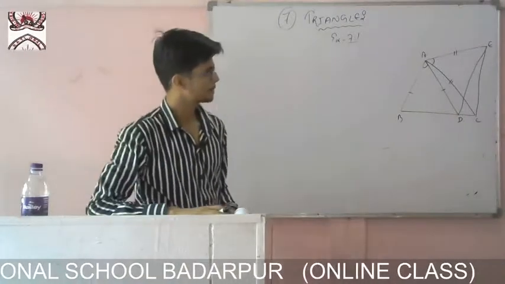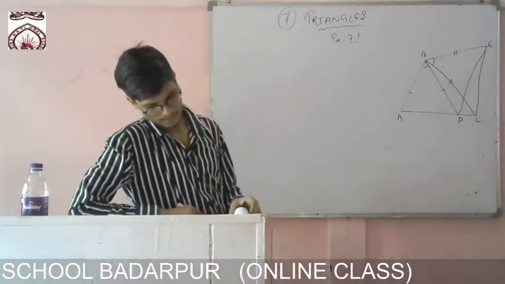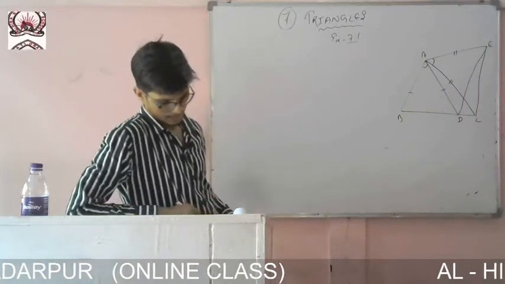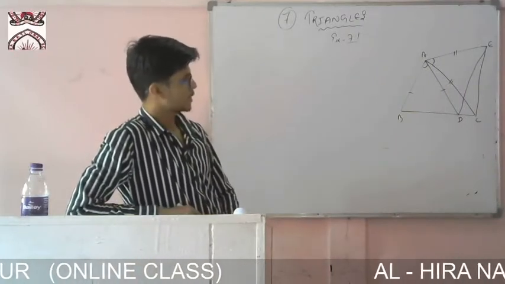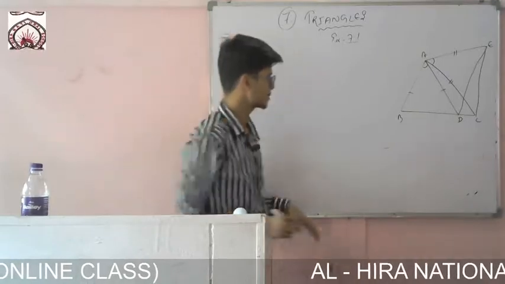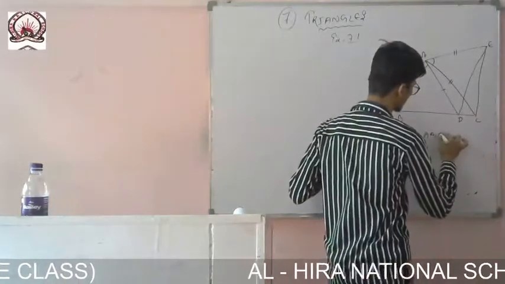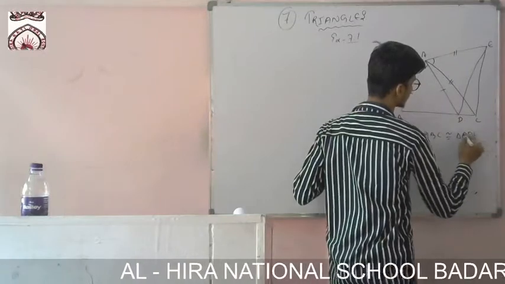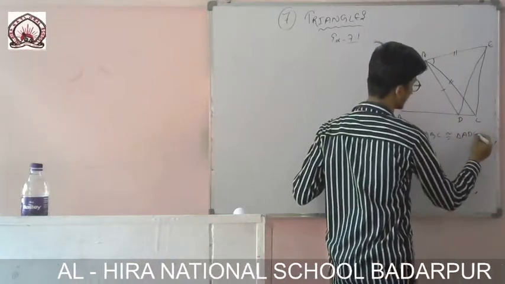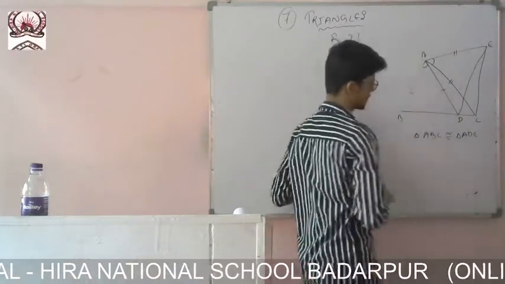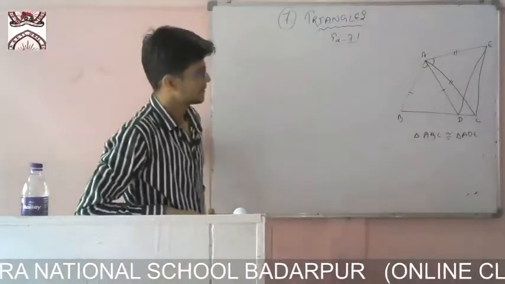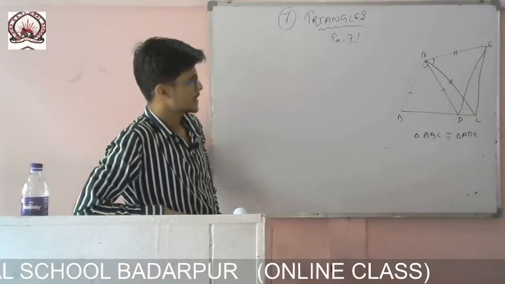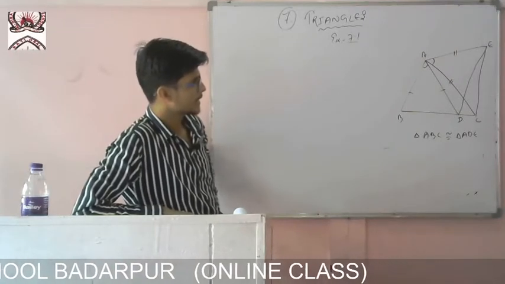So no problem, we can solve it very nicely. If I can show that triangle ABC is congruent to triangle ADE, then I can show the result.